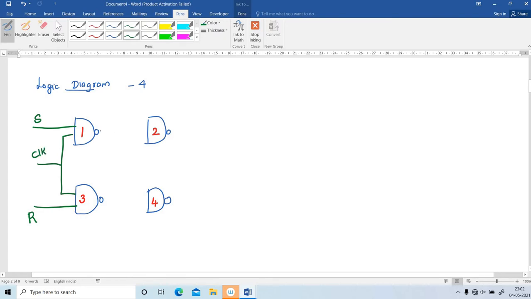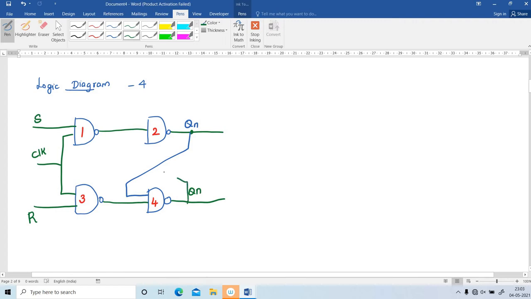And then, the output of the first NAND gate is given to the input of the second NAND gate, and the output of the third NAND gate is given to the input of the fourth NAND gate. Next, the output of the second NAND gate is denoted as Qn, and that is connected to the input of the fourth NAND gate. And the output of the fourth NAND gate is Qn bar.